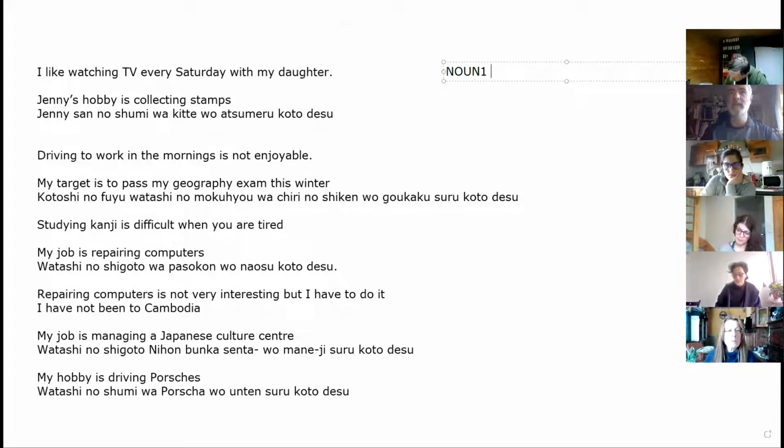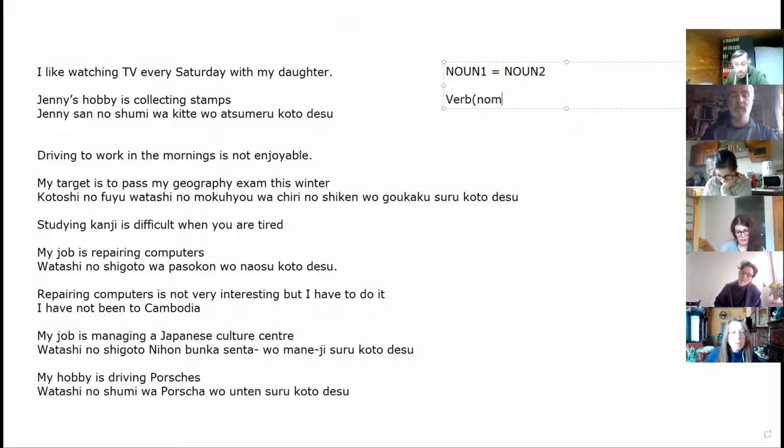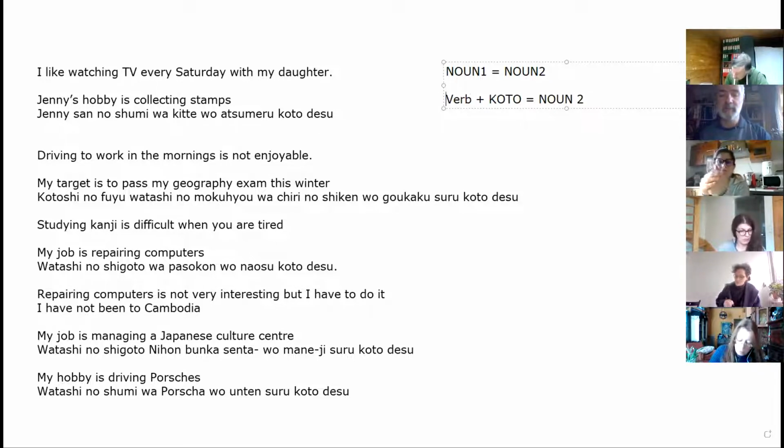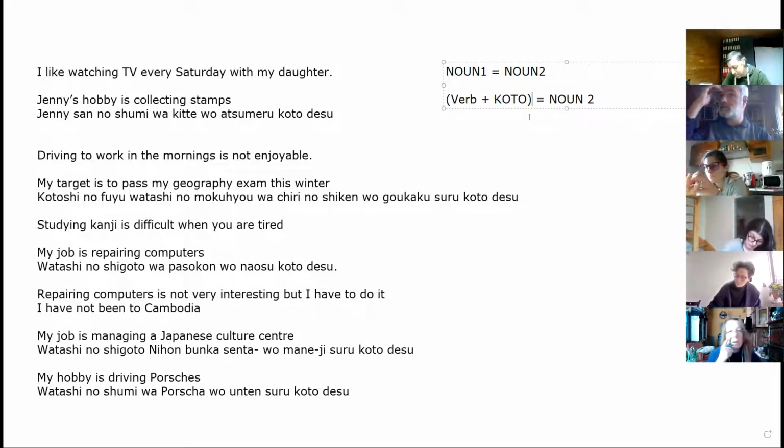Noun 1 equals noun 2 is written as verb plus koto equals noun 2. Okay, this is the way we do this. So you must use koto. That's the most important thing. You must use koto if it's noun 1 equals noun 2.